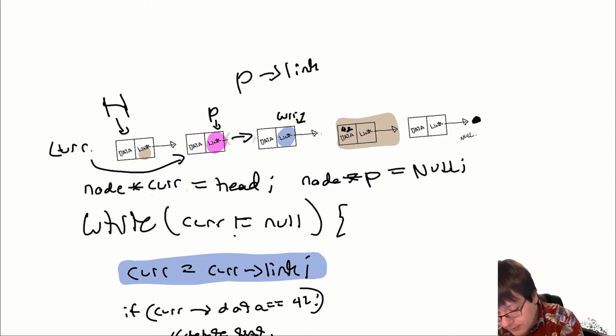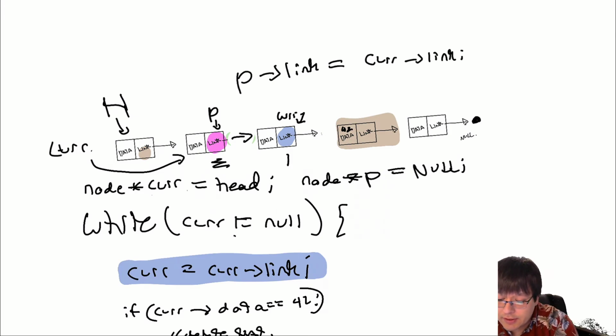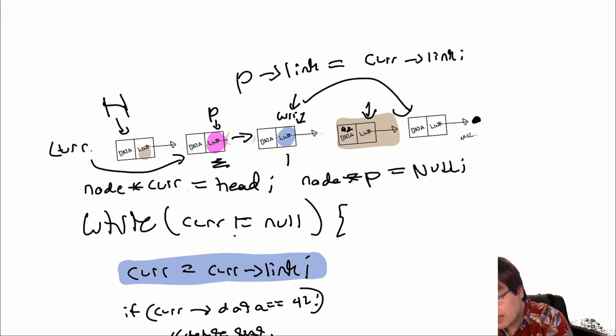Whereas P has the same address as the purple circle here, which means that we can actually access this pointer by saying P link. So P link is the one that we need to modify and update with the next link. So how do we get that? Well, we can say cur link. That's going to take this link right here and copy it over here, which will essentially do that.